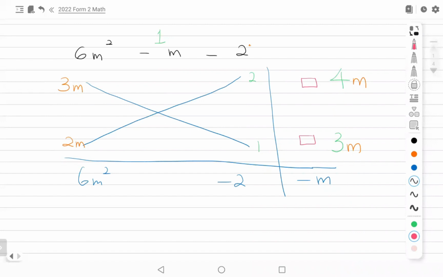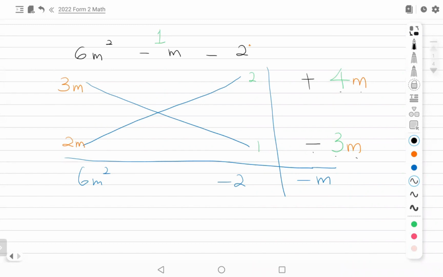Positive 4m minus 3m becomes positive m, not negative.